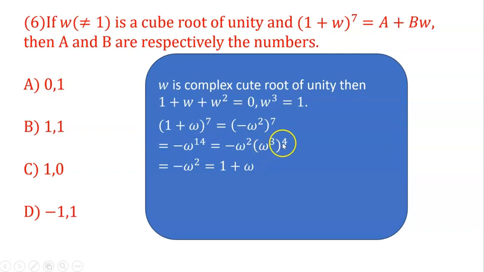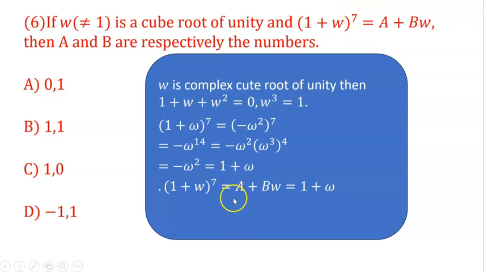Therefore 1 raised to 4 is again 1. 1 into minus omega square is minus omega square. Again, the value of minus omega square, from this expression, is 1 plus omega. And hence the value of (1 plus omega) raised to 7 is equal to 1 plus omega.